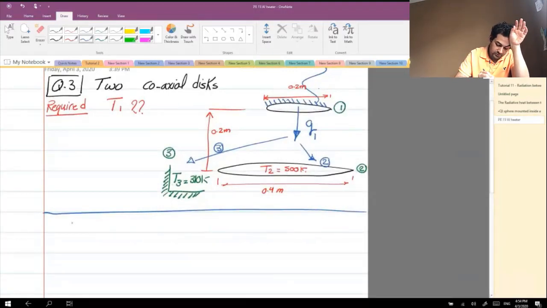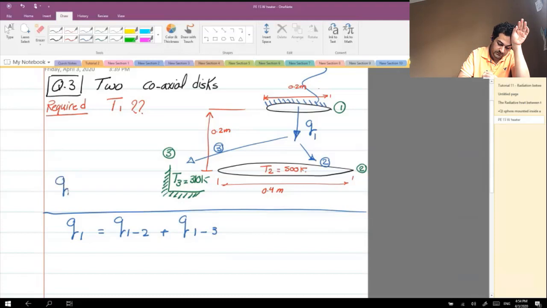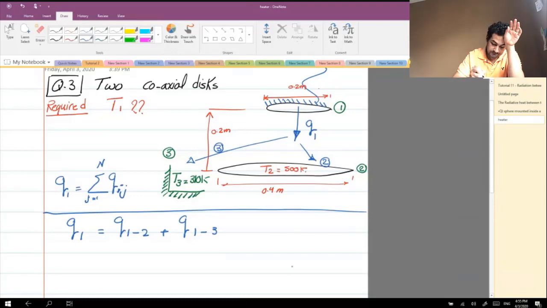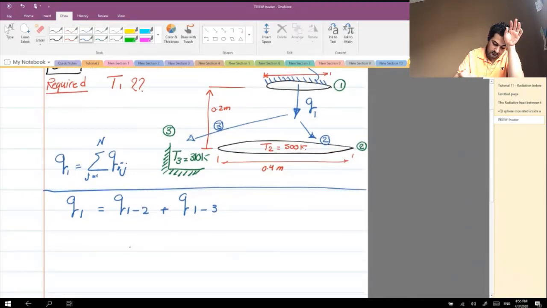So as I told you, Q1 here, some of it is going from 1 to 2, and the other part is going from 1 to 3. And this is basically from the equation: Q1 is the summation of Qij.